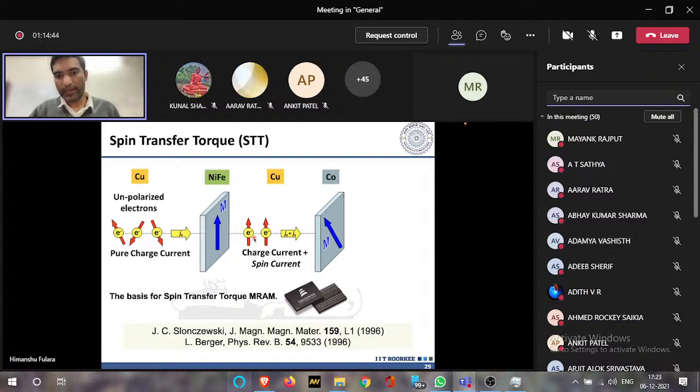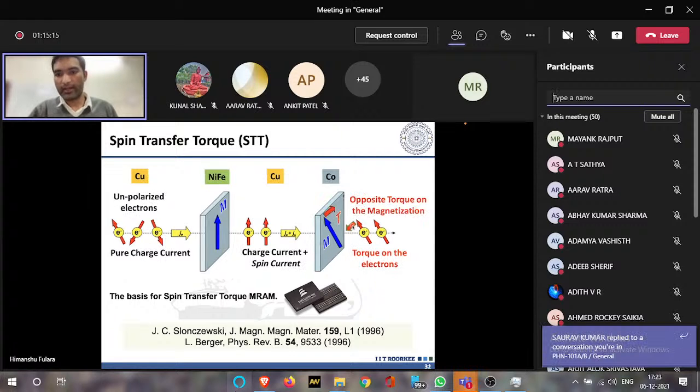When you pass this spin polarized current through this cobalt layer, the spin polarized electrons exert a torque on the magnetization. It does the same thing I showed in the previous slide: it provides an anti-damping torque to the magnetization. The spin polarized electrons drive the magnetization dynamics in this ferromagnetic layer, and when they do, you will observe the microwave signal. And this is exactly what we have observed here.